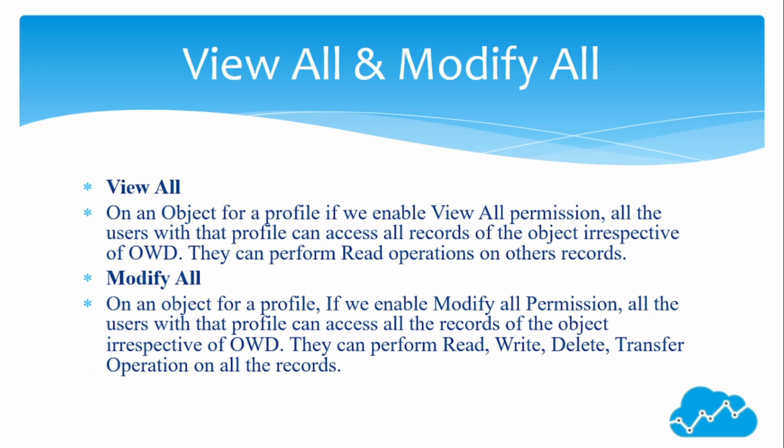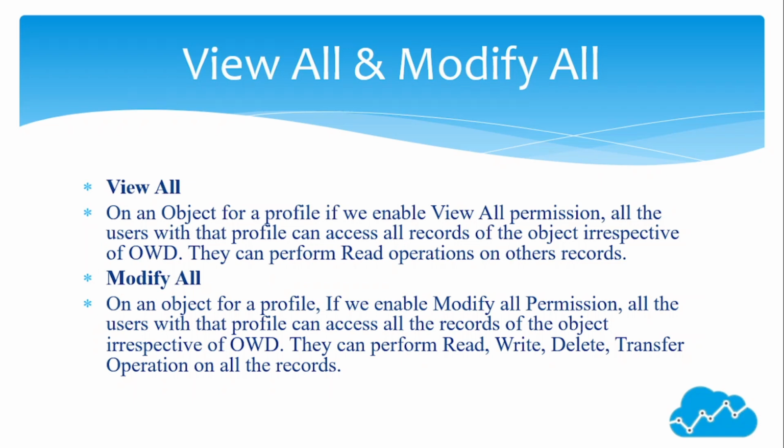View all and modify all. View all: on an object for a profile, if we enable view all permission, all the users with that profile can access all records of the object irrespective of OWD. They can perform read operations on other records.